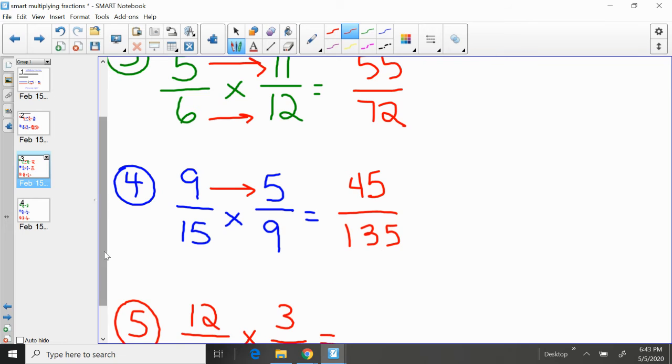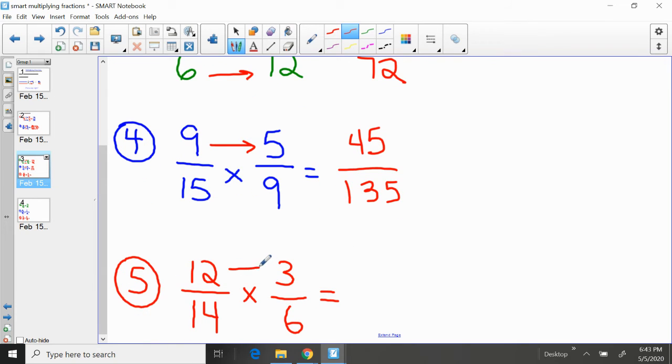Then dropping down, 12 times 3, that's 36. 14 times 6, that would be 84. Sorry about the 84, it looks a little sloppy there. So that's basically a review of what you'll be doing.